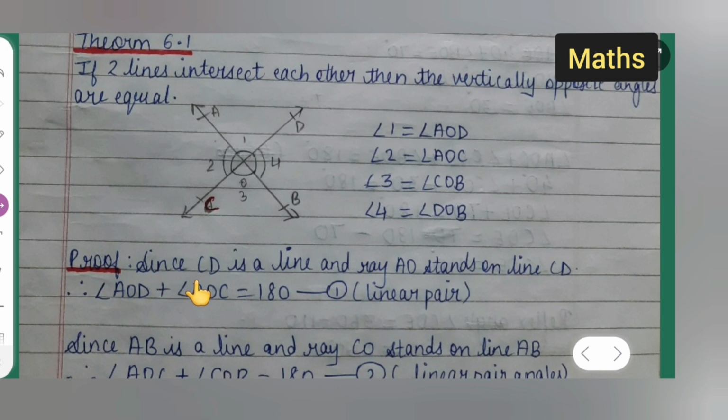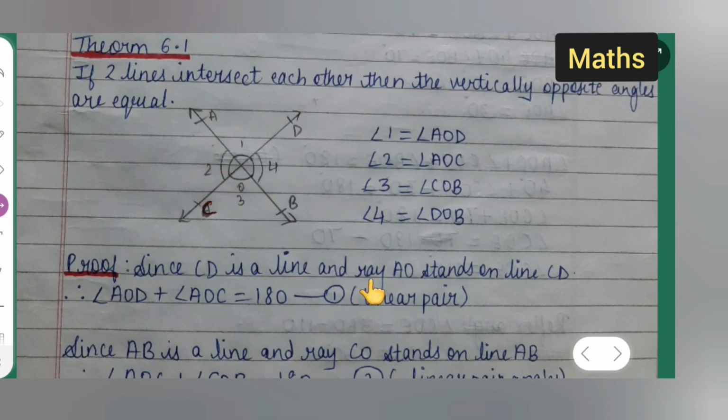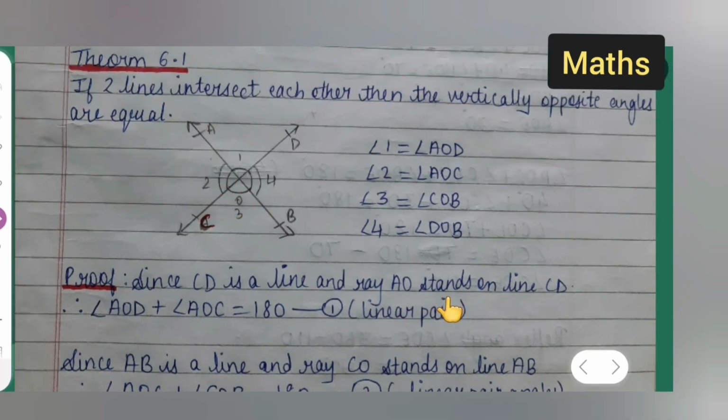Since CD is a line, and ray AO stands on the line CD, therefore angle AOD plus angle AOC is equal to 180 degrees.